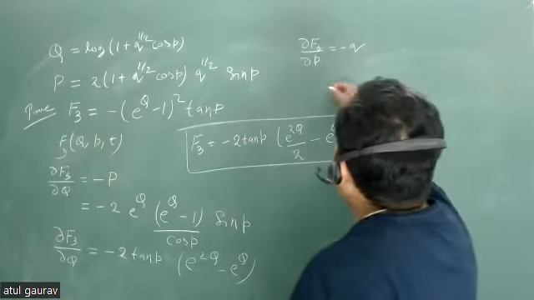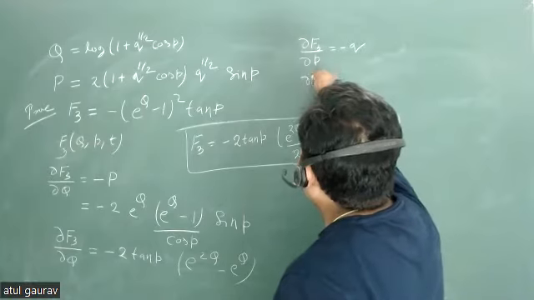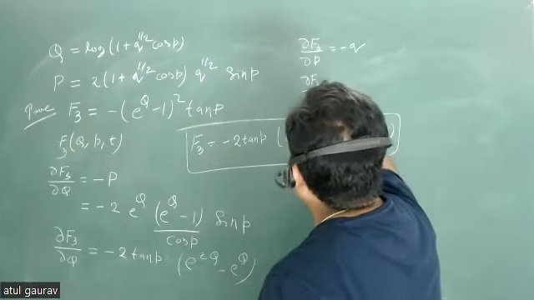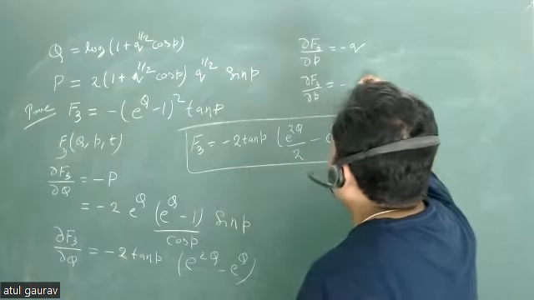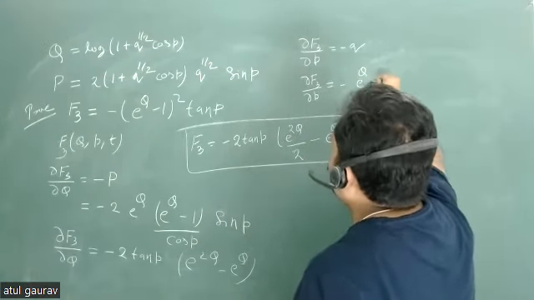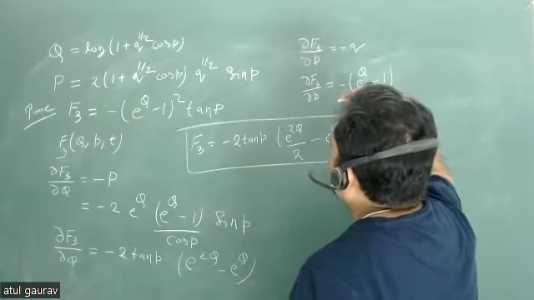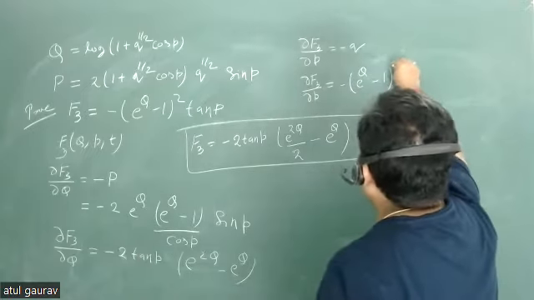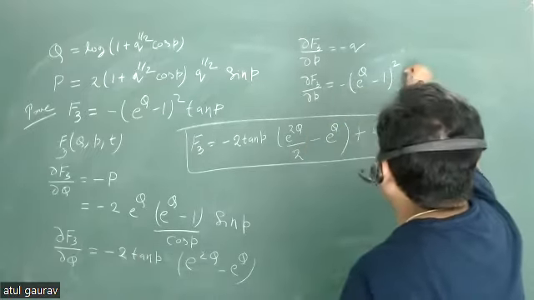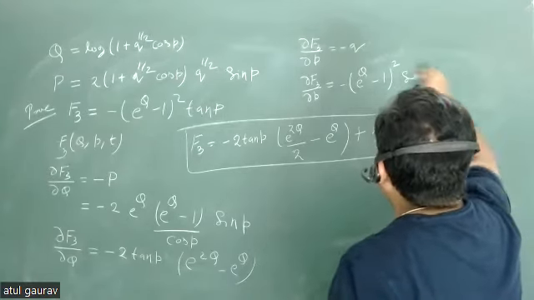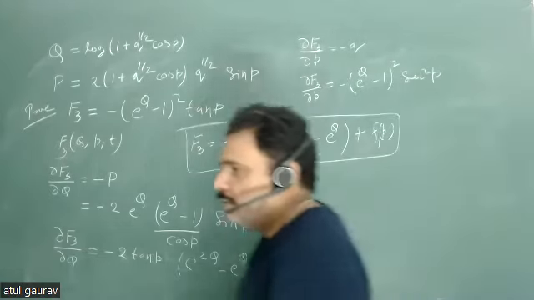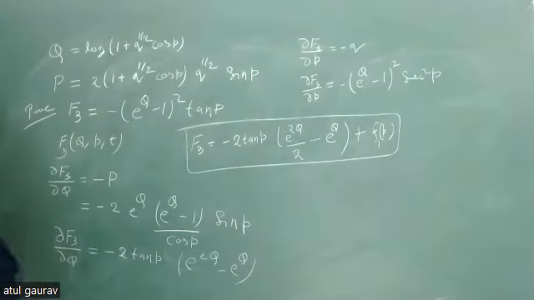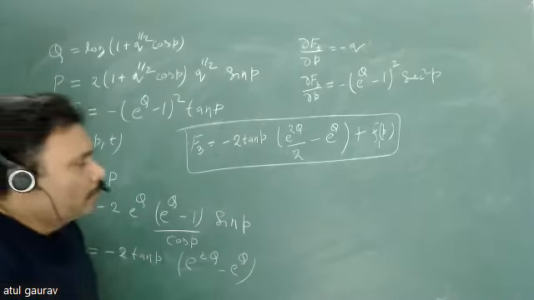So del F3 upon del P is equal to minus Q. What will be minus Q? E to the power Q minus 1 whole square, sec square P. Just check it. Am I correct or not? So what will you finally get?